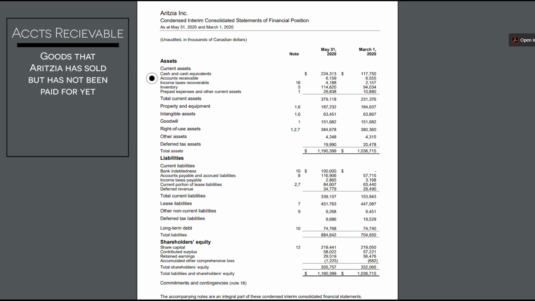So management estimates the amount of money in the accounts receivable that isn't actually going to be paid, calculated on the back end, and they present to you the number of $6,159,000. So currently, Aritzia has sold $6.159 million in goods. They just haven't been paid for those goods. So considering that they've already sold the goods, it's reported on the balance sheet as an asset.